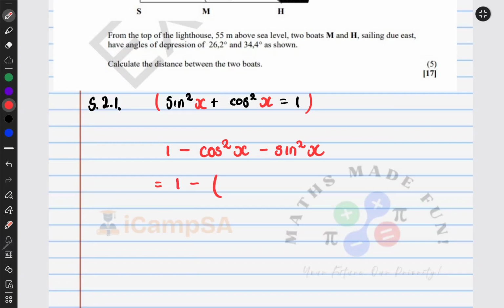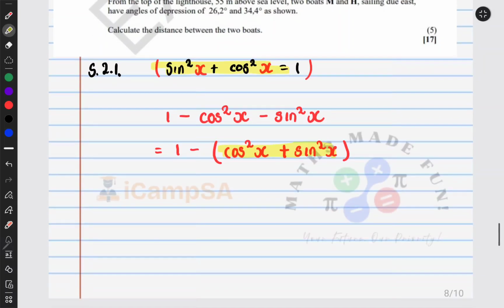So we're going to have minus, open brackets, we're left with cos squared x plus sine squared x. But we know that cos squared x plus sine squared x is equal to what? Is equal to 1. We are back to the identity, so we can just substitute that by 1. So we're going to say 1 minus 1, which is 0. That is your answer there for 5.2.1.